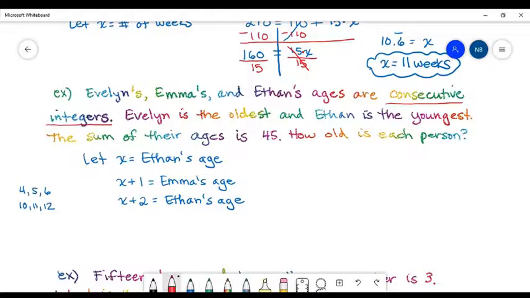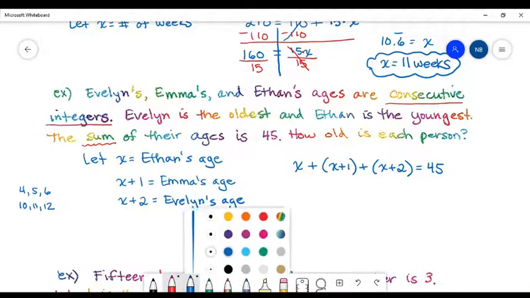Now the word sum means add or total. So we're going to take Ethan's age, add it to Emma's age, and then add that to Evelyn's age in order to get the sum total of 45. Now, I wrote Ethan's age, so let me fix that here. This should say Evelyn's age.